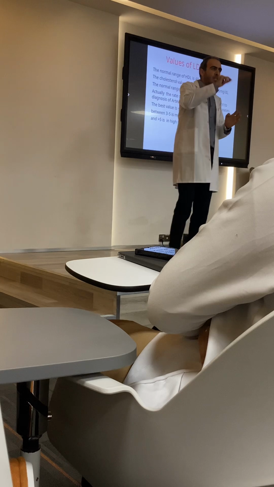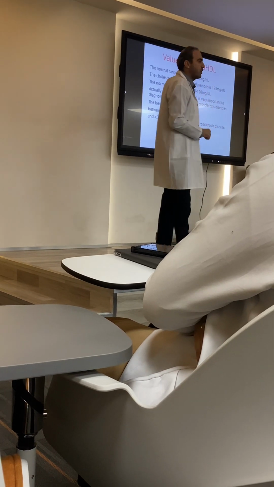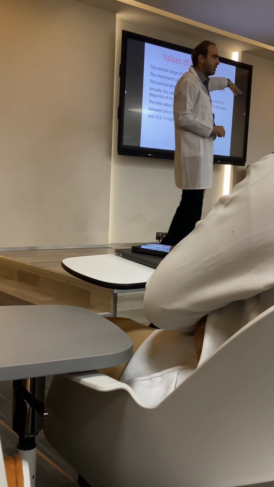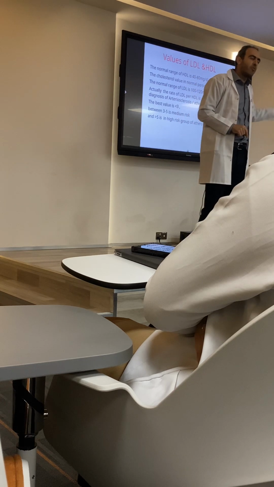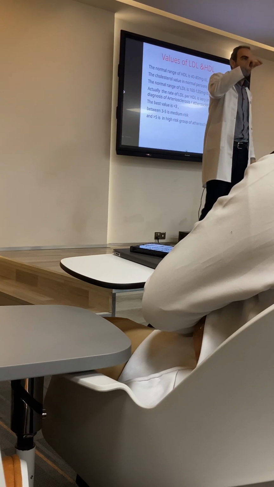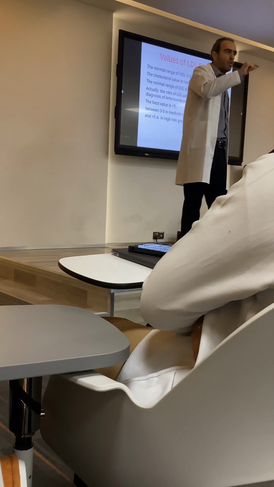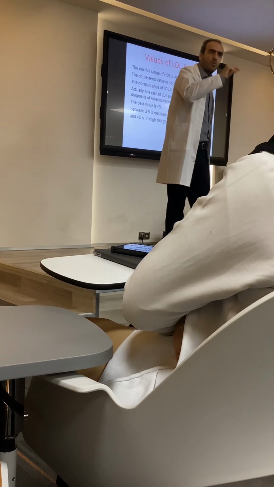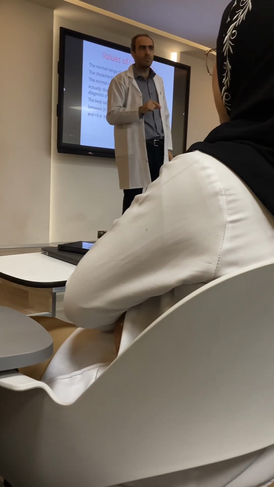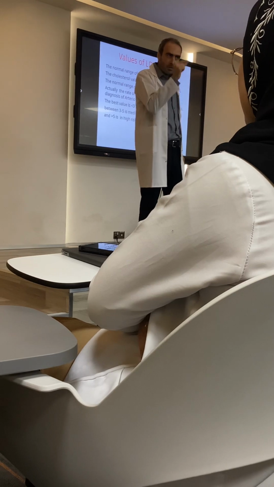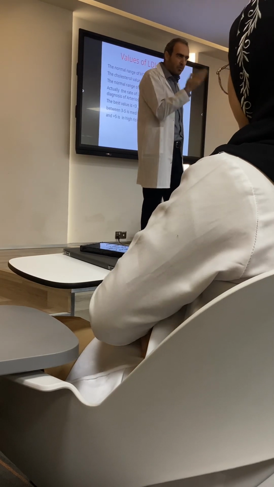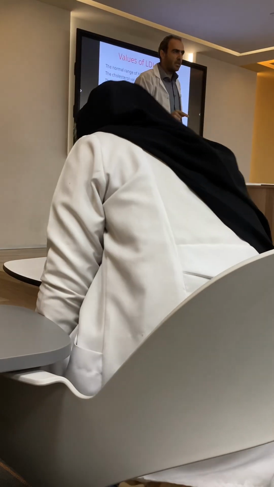So after doing the test and reporting the total cholesterol, triglyceride, LDL, and HDL, you should calculate the ratio and finally report whether the person is normal or has a medium risk or a high risk for atherosclerosis. If I see you report and you don't mention that, I will give you a negative again.